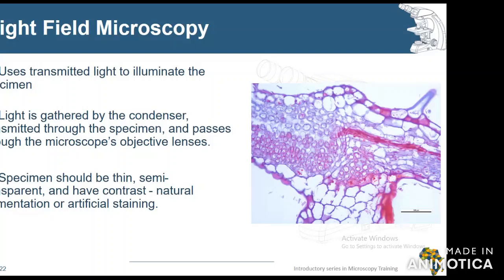So it is very essential that we employ the use of dyes and stains in order to provide contrast for some of our biological samples. So that is very, very essential. And at the end of the day, the resulting image that you're going to see will be a dark object against a white or a bright background.